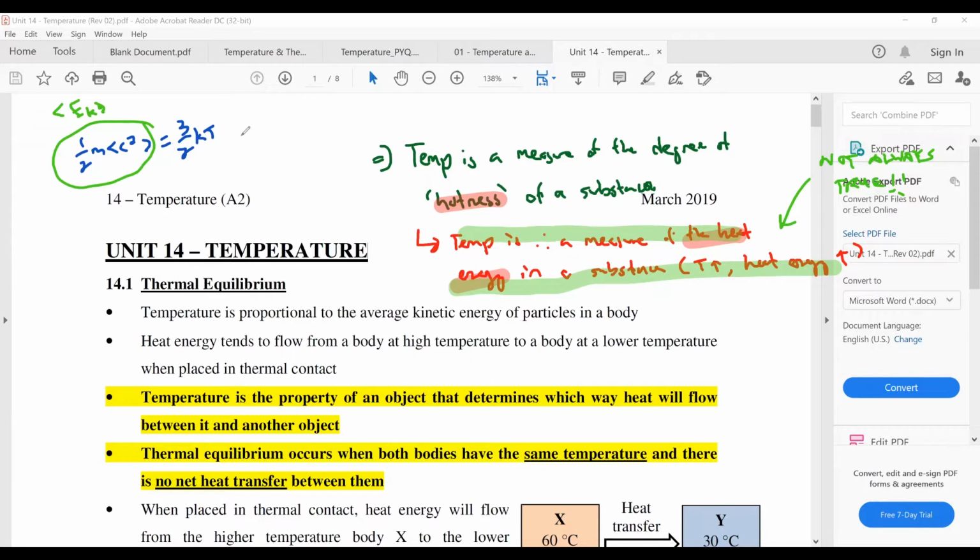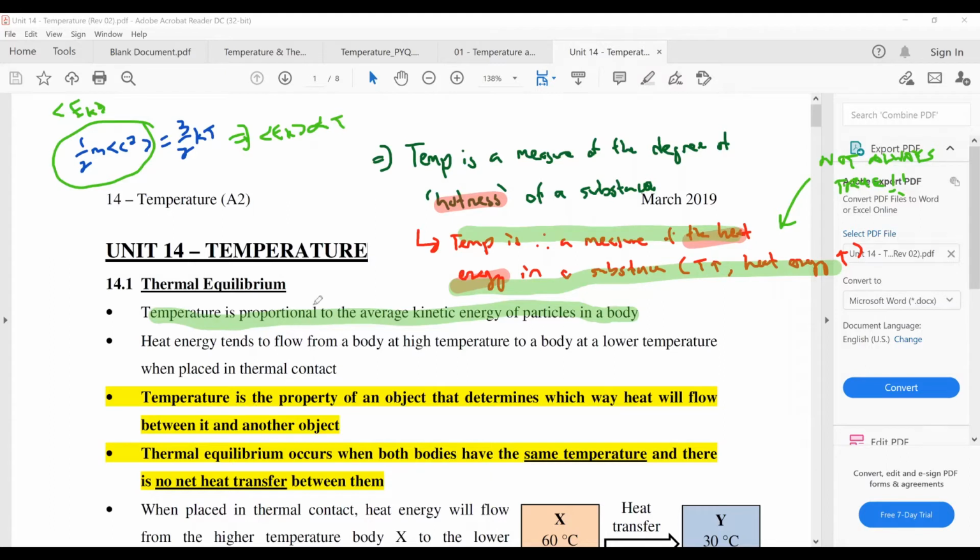Hence, you come to the conclusion that mean kinetic energy of gas molecules is proportional to temperature. So yes, temperature is a measure of how hot or cold a substance is, but it's more accurate to say that it is telling you the average KE of particles in a body. That is actually what temperature tells you.